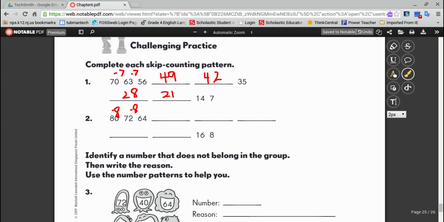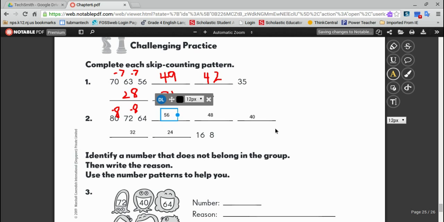So again, the easiest way of doing this is to just count our 8 multiples. Let's start over here and count forwards. 8, 16, here will be 24, then 32, let's keep going, 40, 48, 56, so 56, 64, 72, 80.